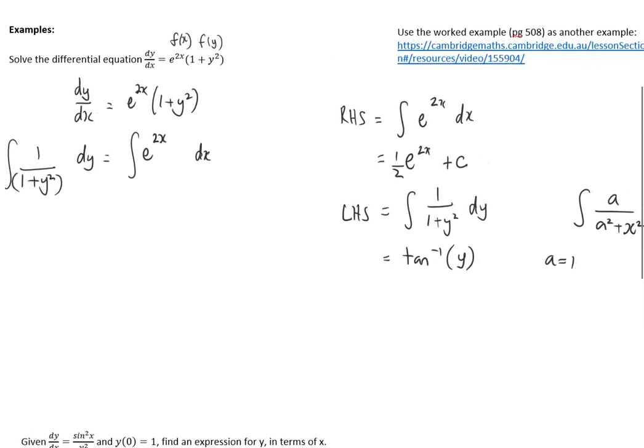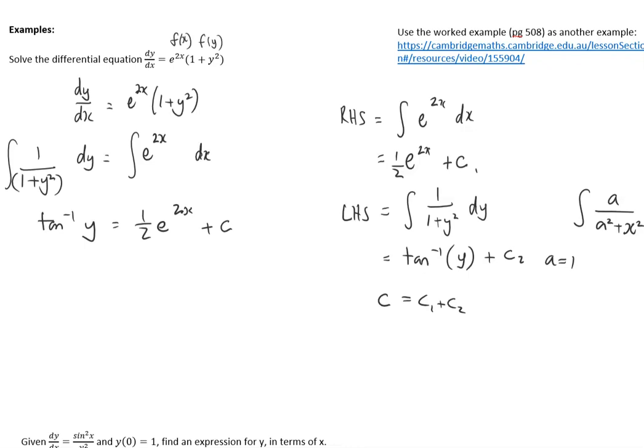Okay, so there's my two integrals. So now I come back to my actual equation. Tan to the minus 1 of y is equal to 1/2 e to the 2x plus c. Now, again, like we've done in the past, we only really need one integral constant. Obviously there's an integral constant on both sides of the equation, but because they're both constants that we don't know, I can create one master constant, if you like, which is just the sum of the two integral constants found on each side.